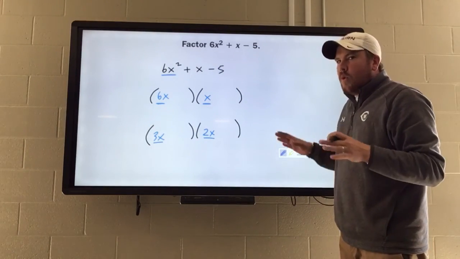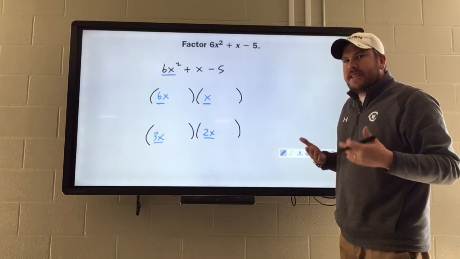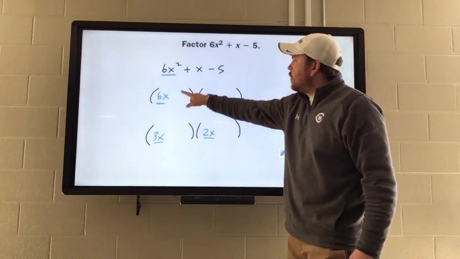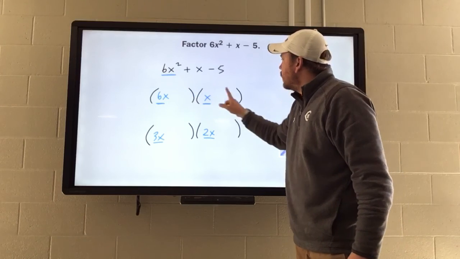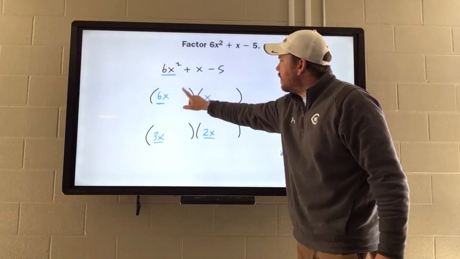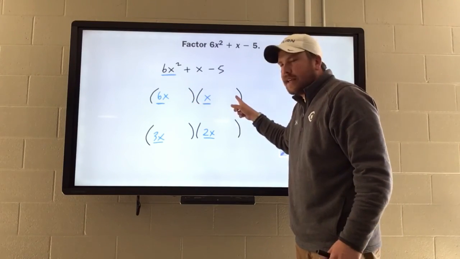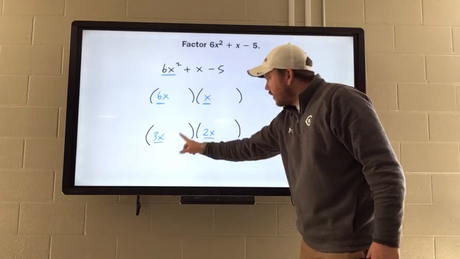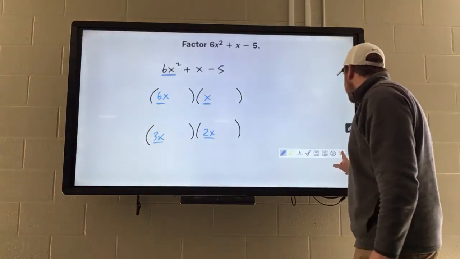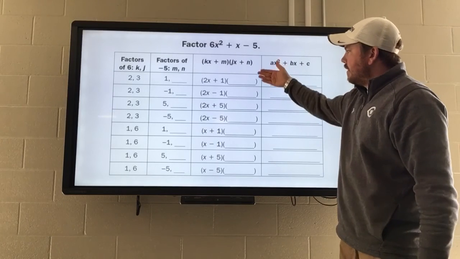So now we have more options that we need to guess and check. Because now we would put the factors of -5: +1, -5, -1, +5, -5, +1, +5, -1. And if none of those work, then you've got to do all the same for this. In fact, if you want to see all the options, here's all the options here.